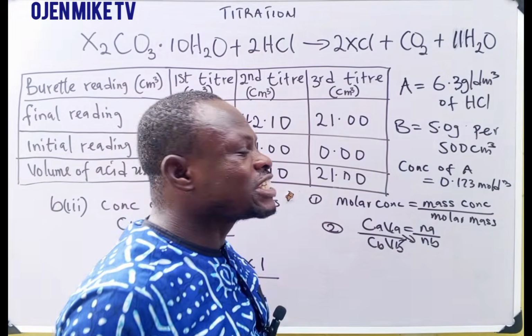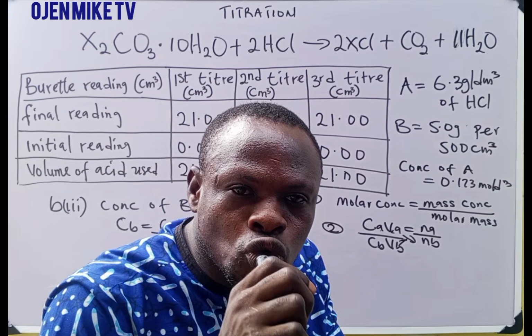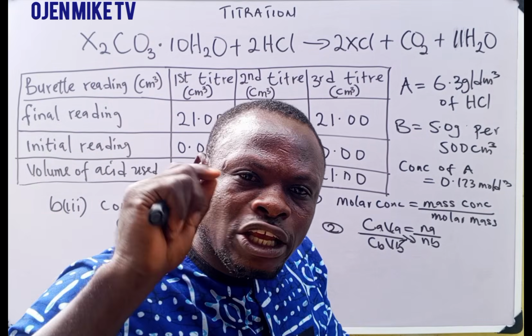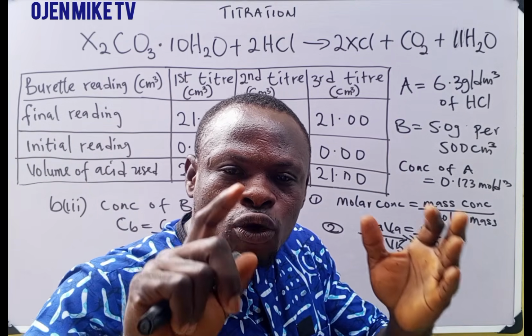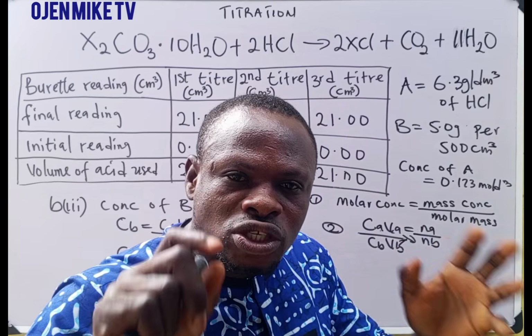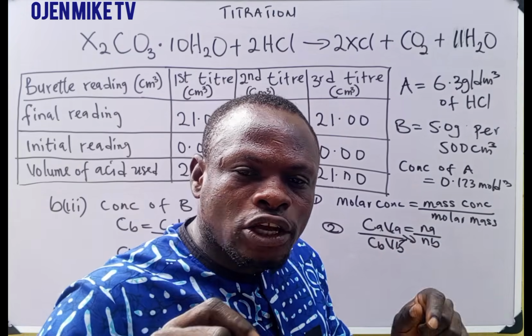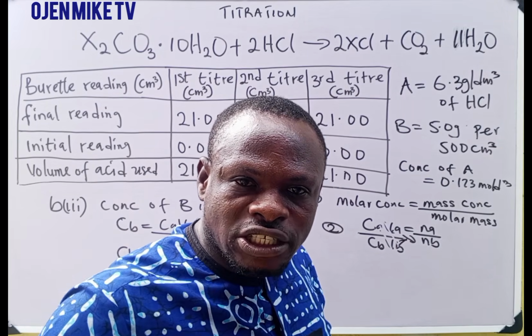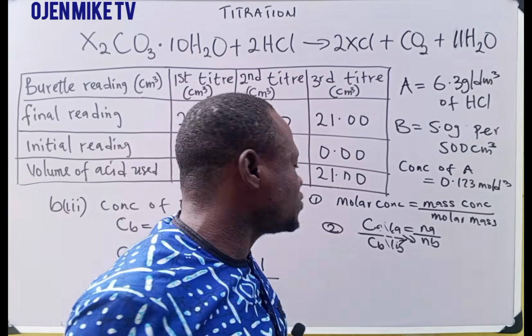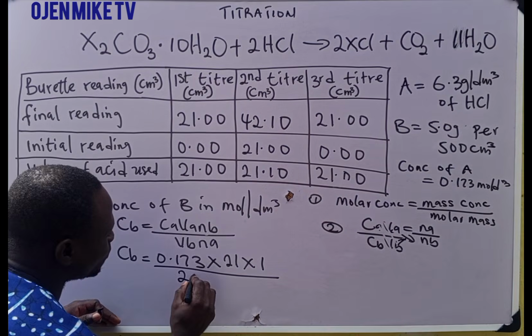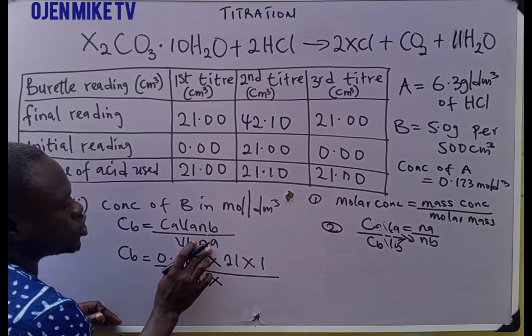Volume of base is given, and go back to your equation, it is what you use in pipetting. That pipette is always standard. Volume of base is always standard. It is either you are using the one of 20 cm cube or you are using 25 cm cube. But in the course of our titration, go back to the titration, you see that what we use in pipetting the base now is 25 cm cube. So we'll put 25 multiply by, what is your mole ratio of acid?